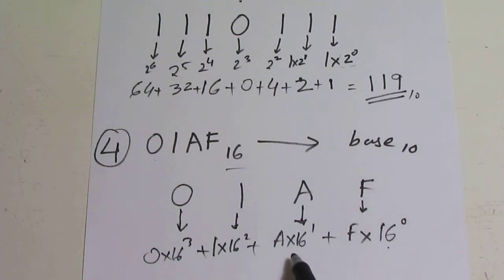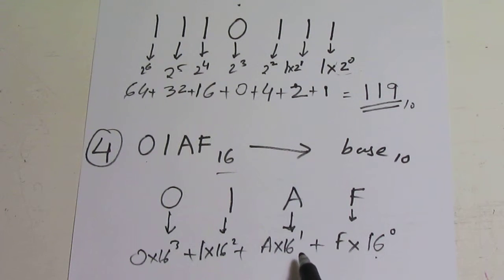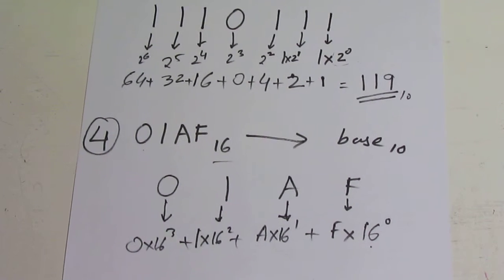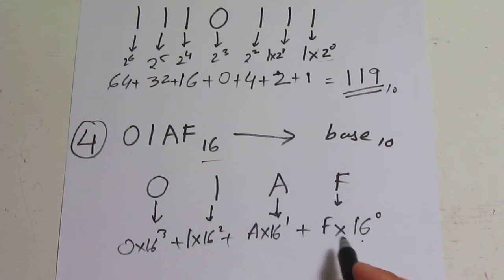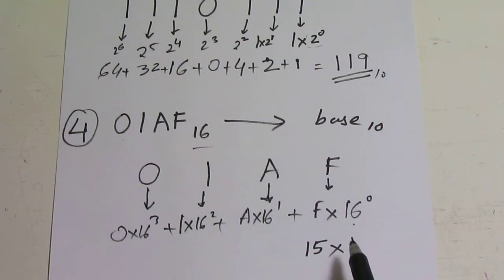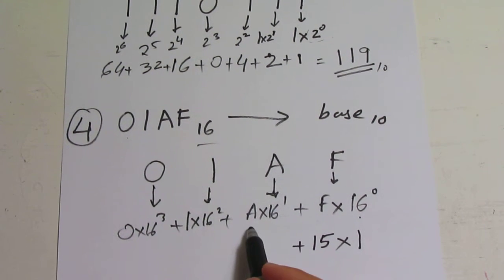Now, how can we multiply A times 16 to the power 1 and F times 16 to the power 0? In my previous video, I showed you what the number A and what the number F is. The number F is actually 15 in hexadecimal, right? And then you multiply that with 16 to the power 0, which is 1. And then you bring A down.